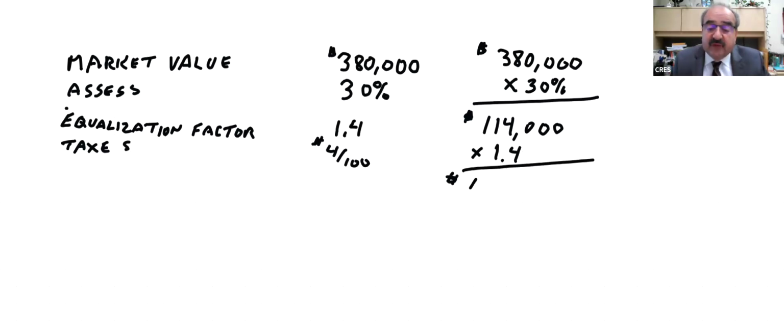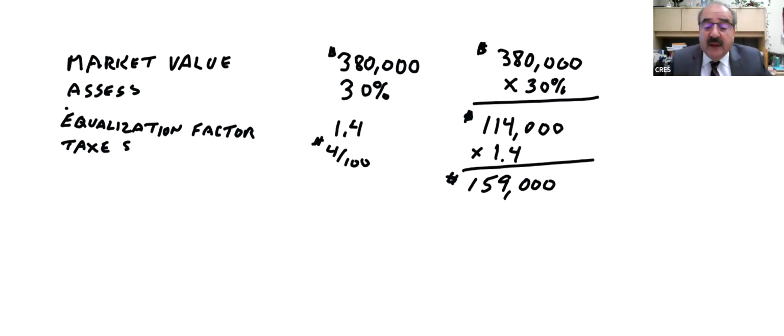Now we have our taxes. Our taxes are usually based on per $100. Occasionally I've seen it at 1,000, but mostly at 100. In this case, it's $4 for every $100 of value. It could be $3.50 per 100. It could be $5.25 per 100. I'm just making up these numbers, but I want you to know it's not always $4.